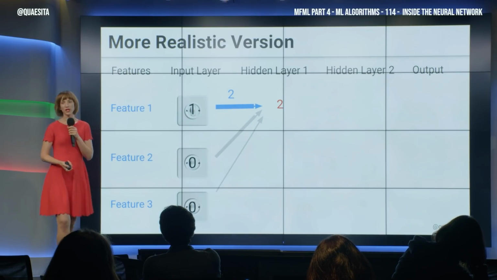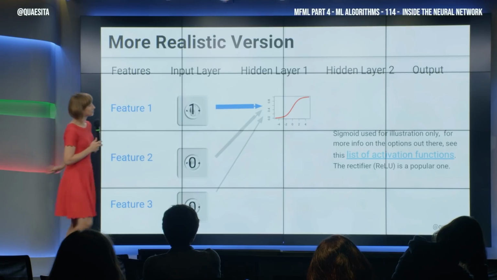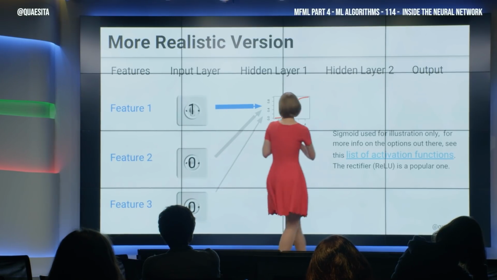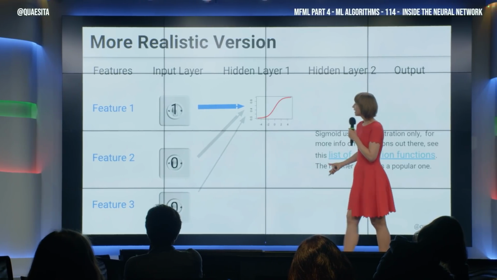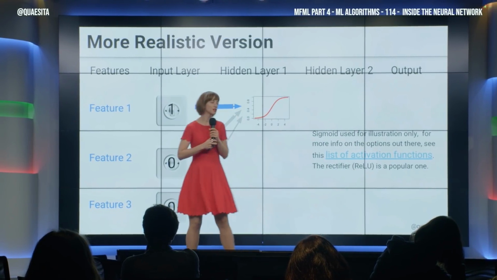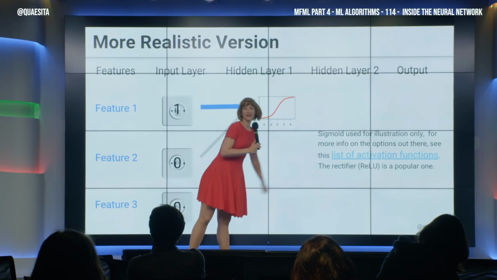So let's use one that we are comfortable and familiar with. How about Sigmoid Freud? So we'll use a Sigmoid activation function. So all we do is we find the 2, we put it in, we get 0.9. You don't have to use that activation function. You can go and find your favorite on a long list of them.